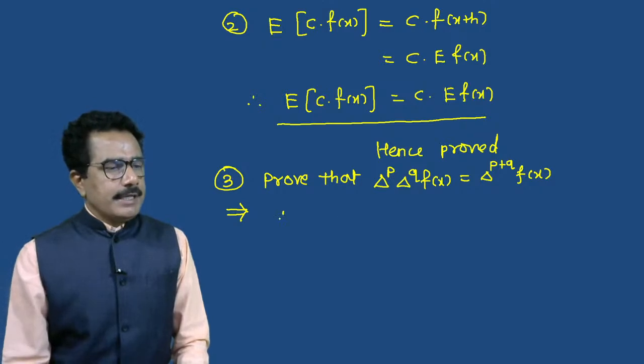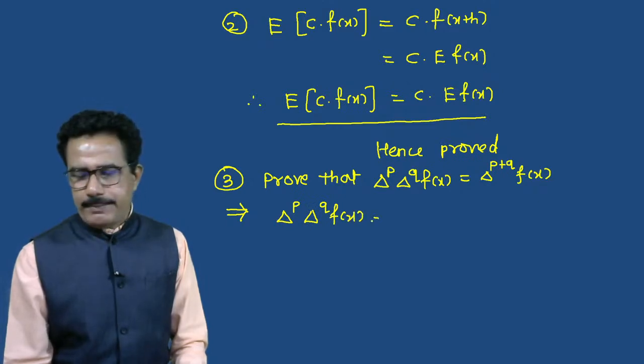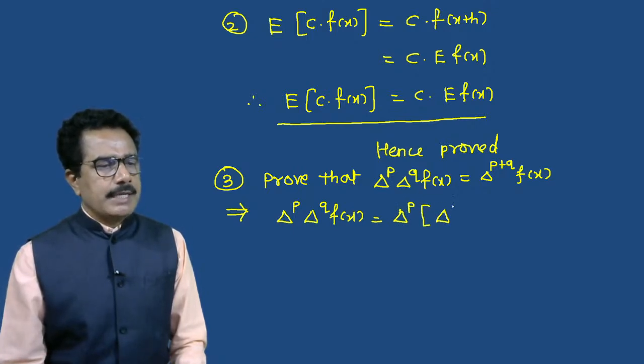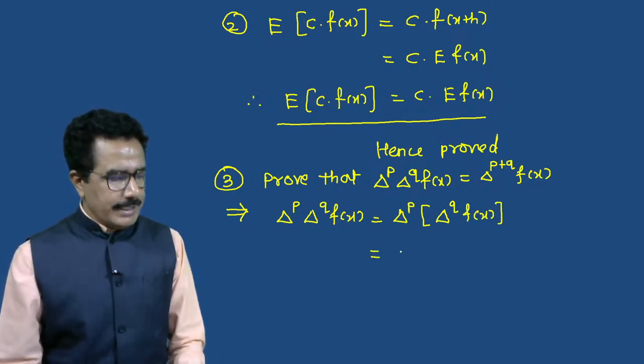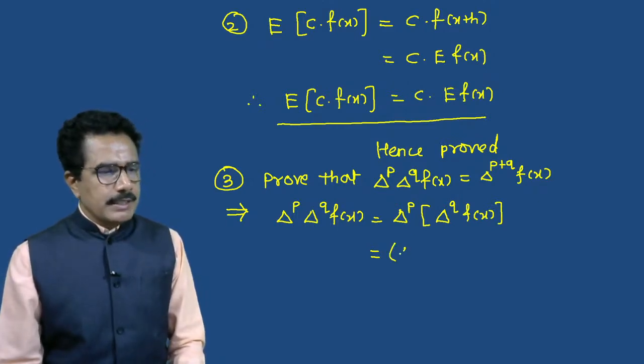Now the left side, delta raised to p of delta raised to q f of x, can be written as delta raised to p, delta raised to q f of x. That is equal to, delta raised to p means what?